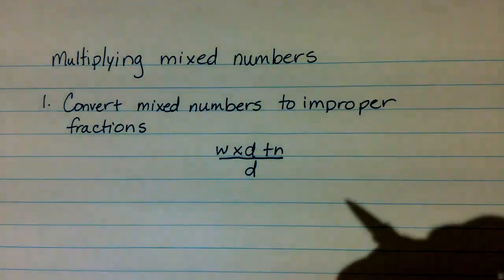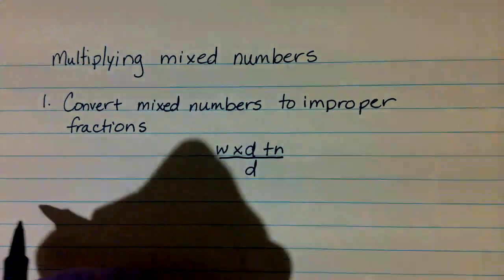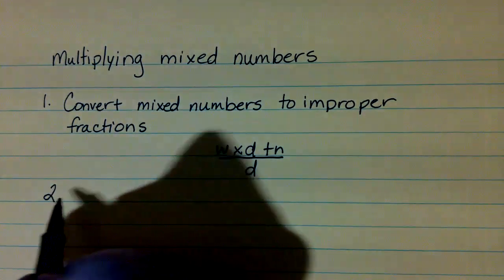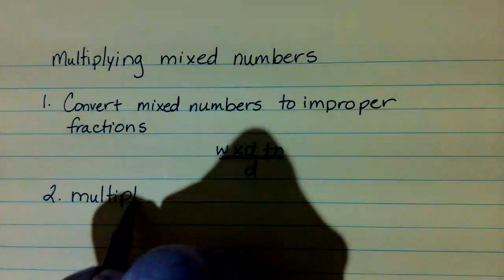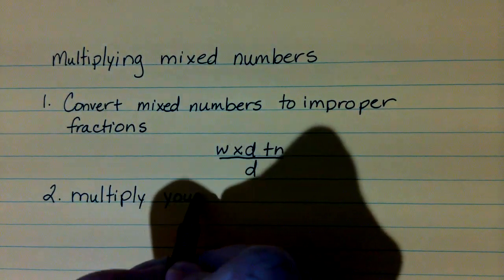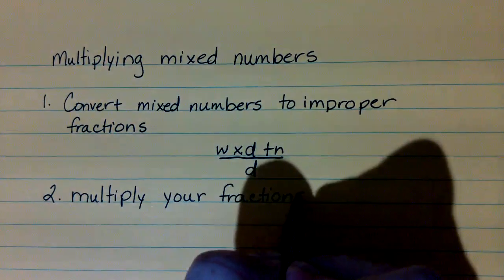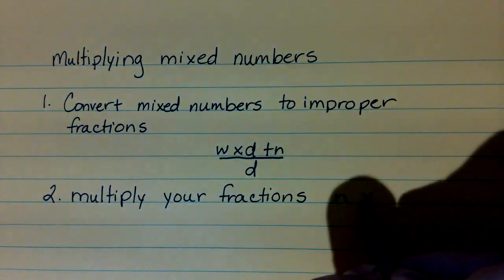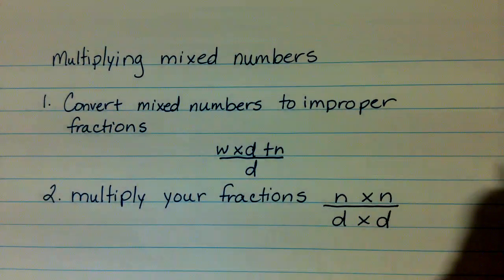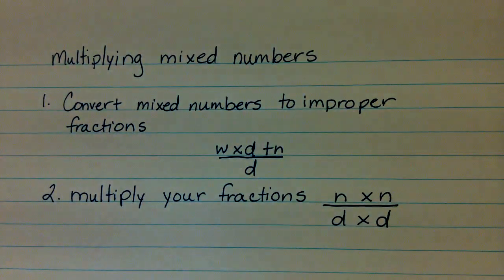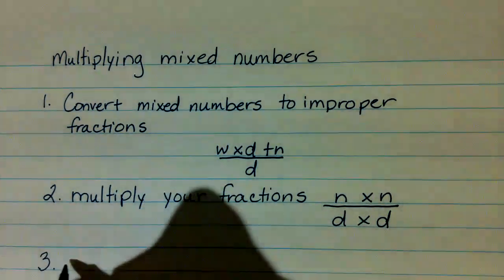Okay, so then you're going to multiply numerator times numerator and denominator times denominator. So step 2 is just to multiply your fractions. And then step 3 is to write your product as a mixed number and simplify.